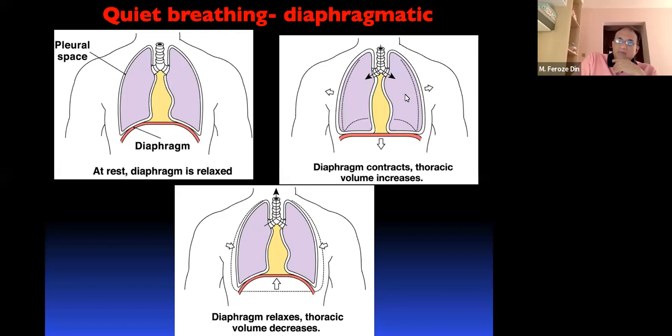It is that fall in pressure that sucks air from the atmosphere into the lungs. This is how you take your breath. You simply increase the volume of the chest, primarily by the diaphragm, maybe also by the external intercostals, and that allows the pressure to drop and the air to rush into the lungs.